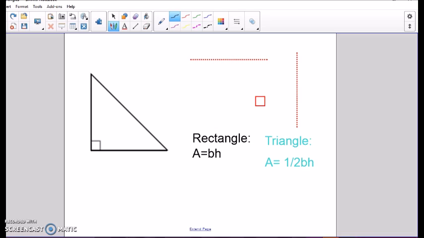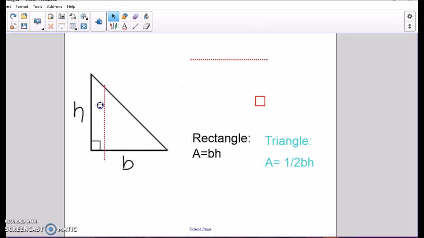So for having the height on the side, this is my base, and this is my height. Let's try this out. We're going to copy this triangle and put it on the other side, just like that, with our little right triangle in there. We took this triangle, flipped it and copied it up here, and that now made a rectangle, or a square in this case, but a rectangle.